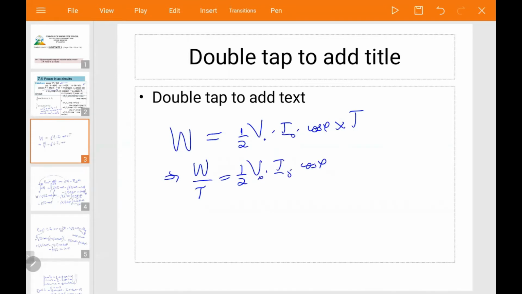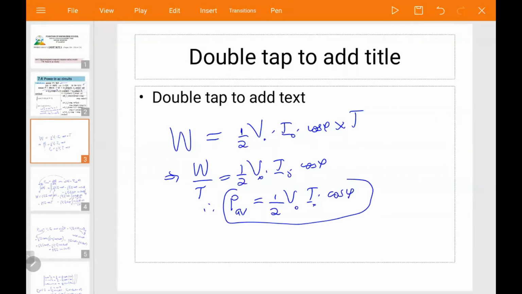Work divided by time is power, but this time is not small, it's not instantaneous. So what do we call it? We call it average power. So in a sinusoidal AC circuit, the average power is equal to half V0 I0 times cos phi. That was what I showed you last time. Nobody will ask you the derivation, but this you should never forget, because we are going to discuss it in general terms now.